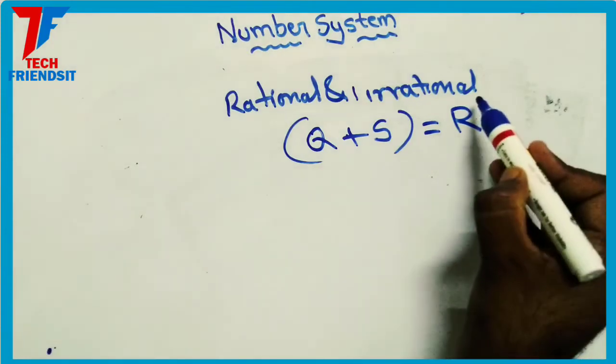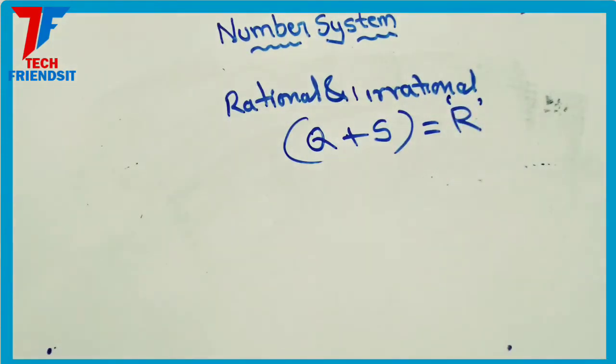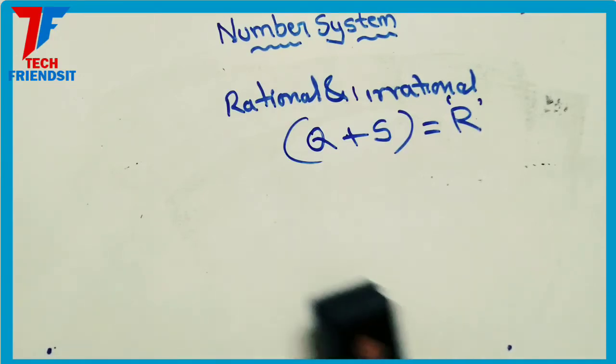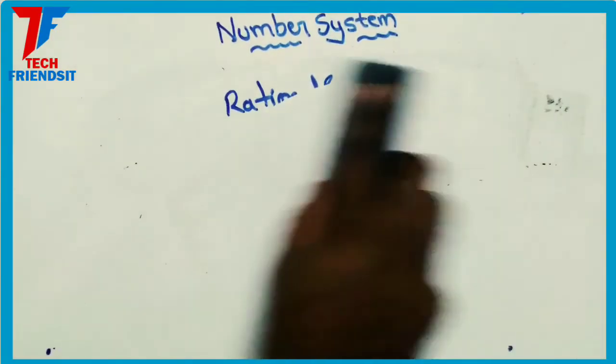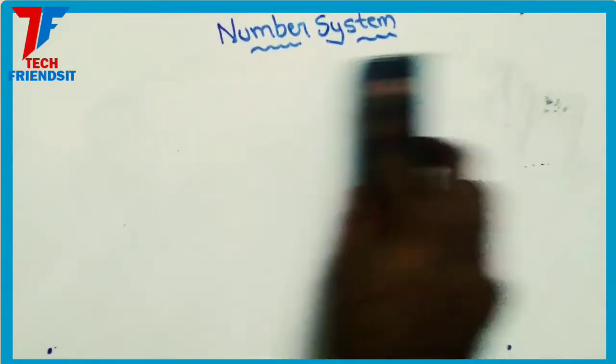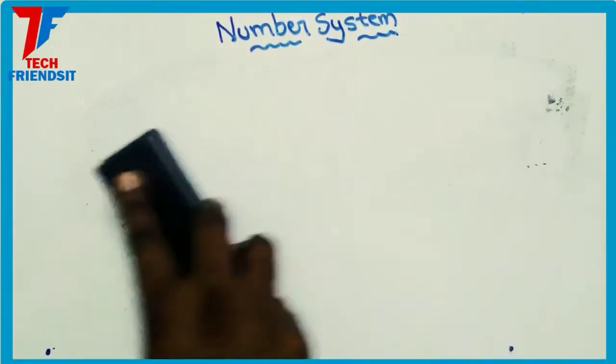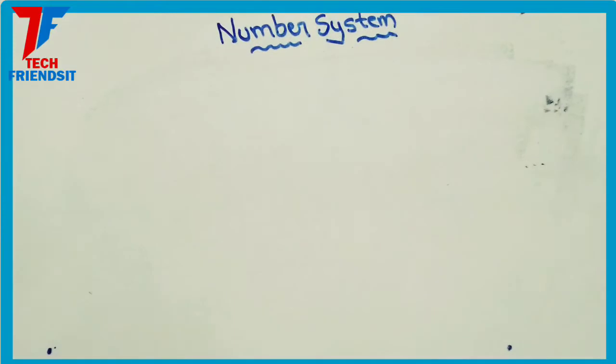Real numbers are denoted by R. These are the number system. I think you understand the number system. We'll draw a diagram and show all these numbers in a single diagram.